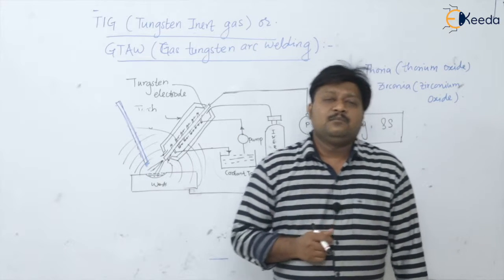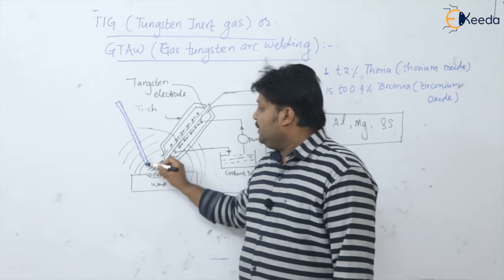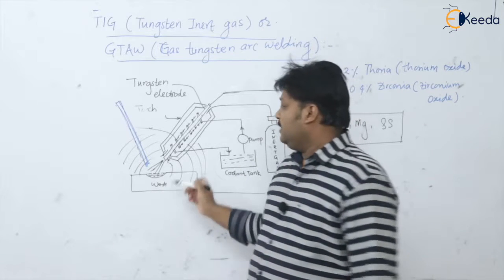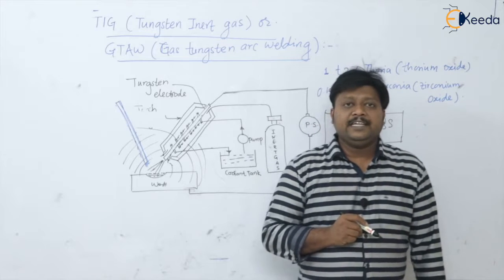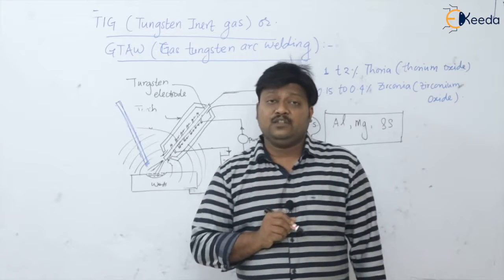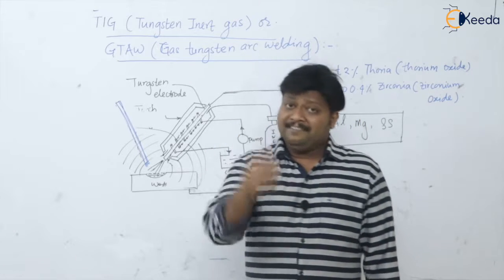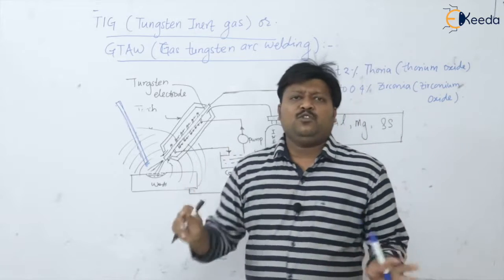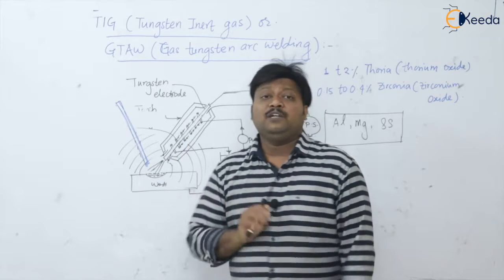That is the limitation of using a filler rod: some impurity definitely comes and mixes with the weld material and makes the weld contaminated. That is one limitation of TIG welding. Thicker plates definitely require the filler rod, and when you use the filler rod, some amount of impurity definitely comes and mixes into the weld pool.